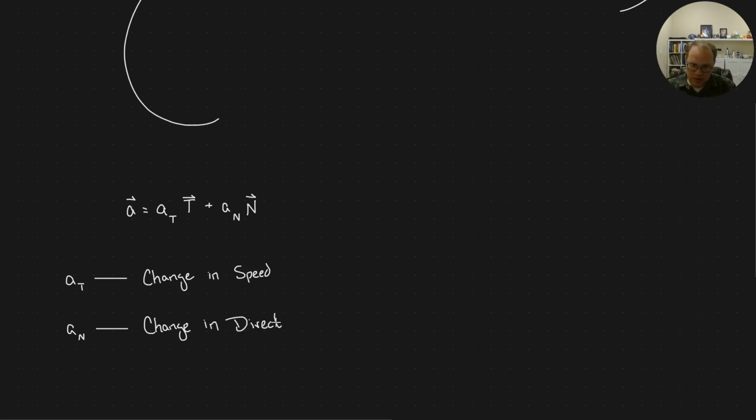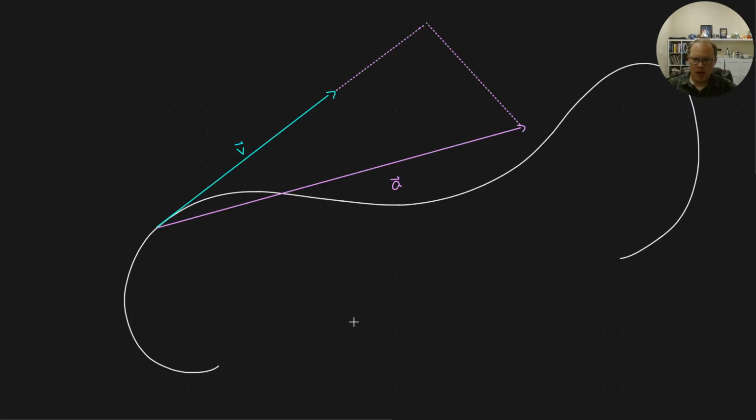All right, let's find formulas. Let's find ways to calculate these. We can do that in a pretty straightforward way using our vector arithmetic. If we think about the angle between them, this component right here would be a sub t.